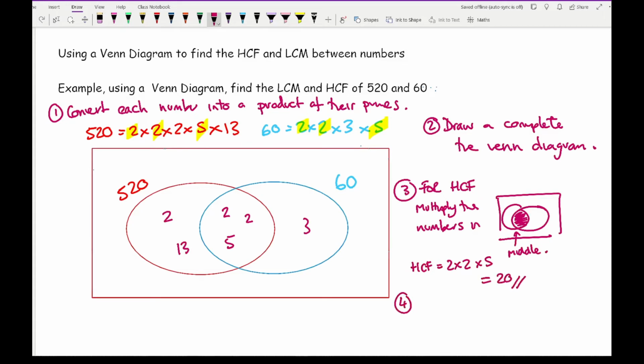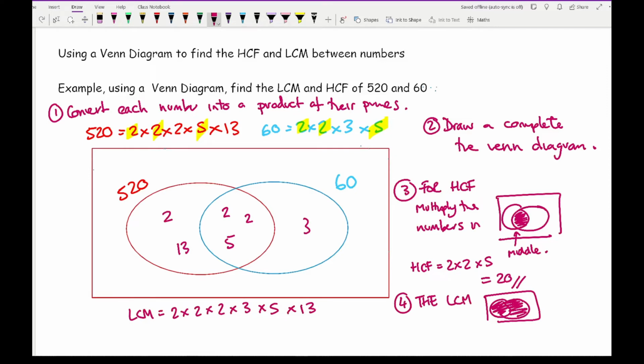Now for the LCM, all you need to do here is multiply all the numbers that you can see. So here the LCM is going to be 2 times 2 times 2 times 3 times 5 times 13.